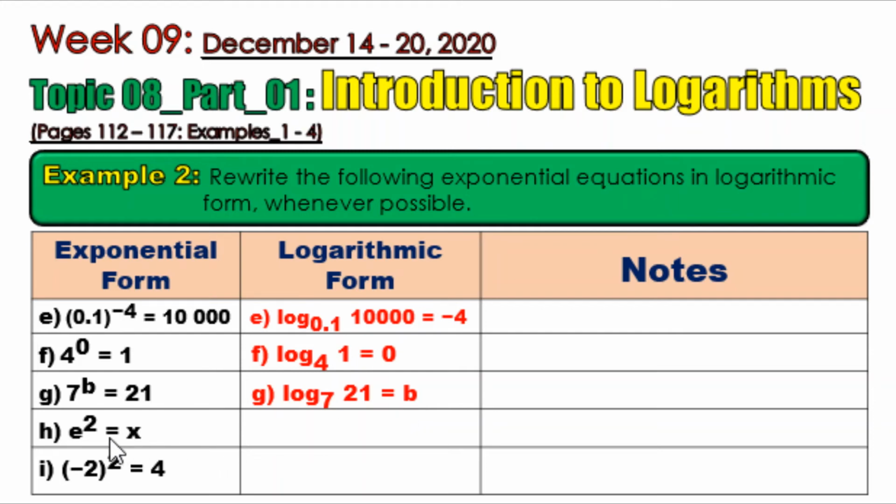Letter H, e raised to 2 or e squared is equal to x. So remember, our base is e, which is called natural logarithm. What do you think is the answer for the logarithmic form?